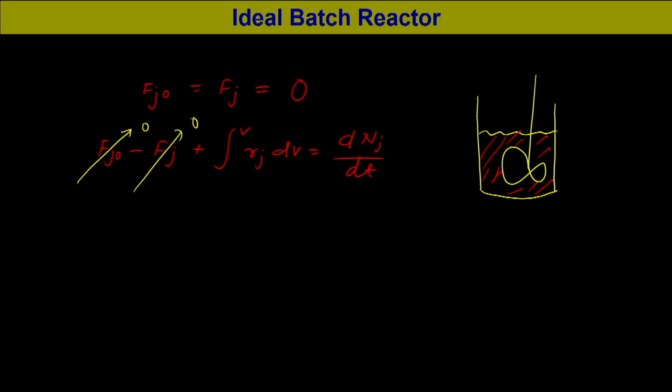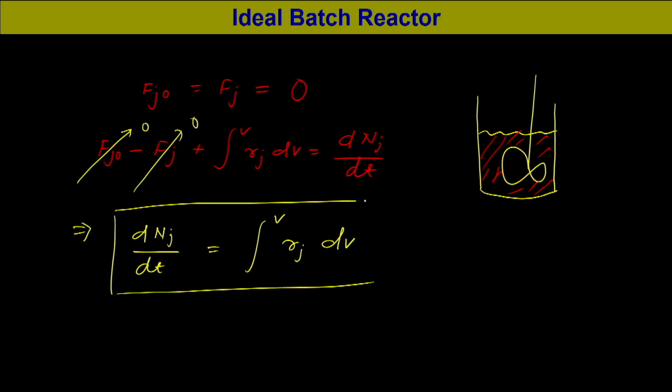So, we would get from here dNj/dt is equal to the integral over V of Rj dV. So, this is the mole balance equation for the batch reactor.